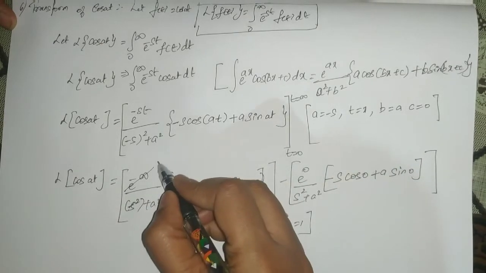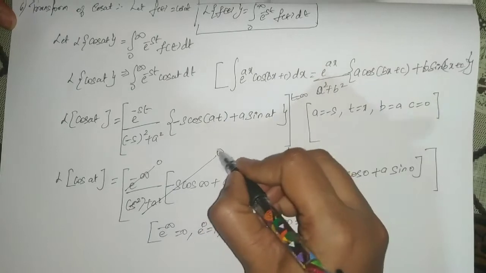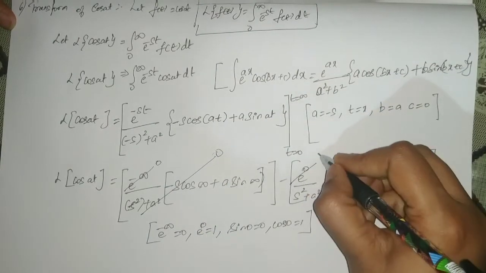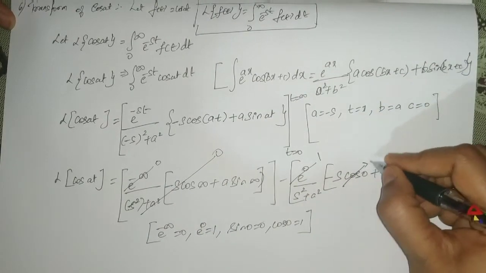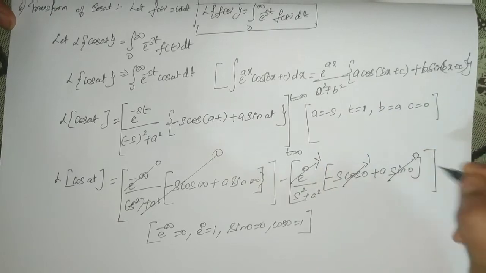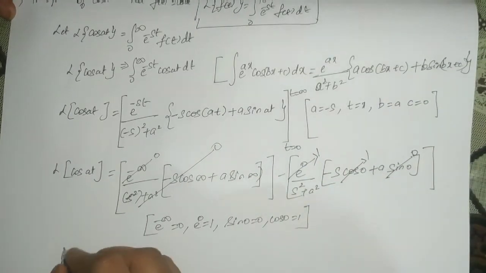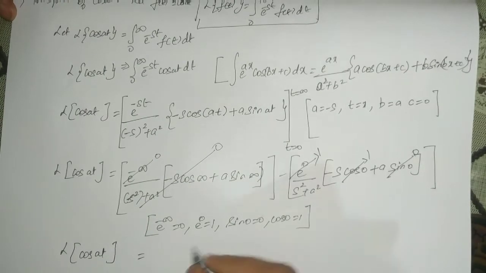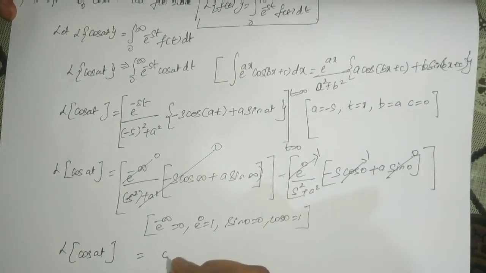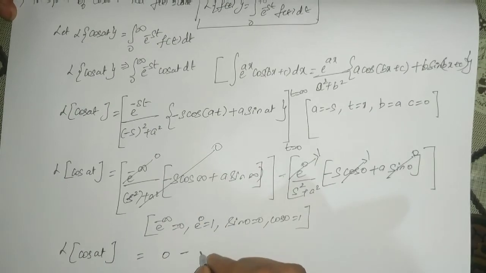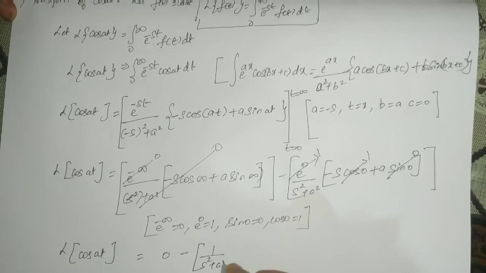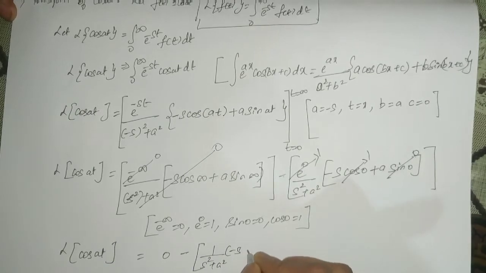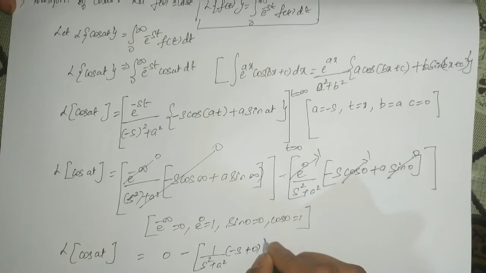Since e power minus infinity is 0, the product term becomes 0. e power 0 is 1, cos 0 is 1, sin 0 is 0. So we have Laplace transform of cos at equal to, with a negative sign, the first term being 0, minus of 1 by s square plus a square into minus s plus 0.